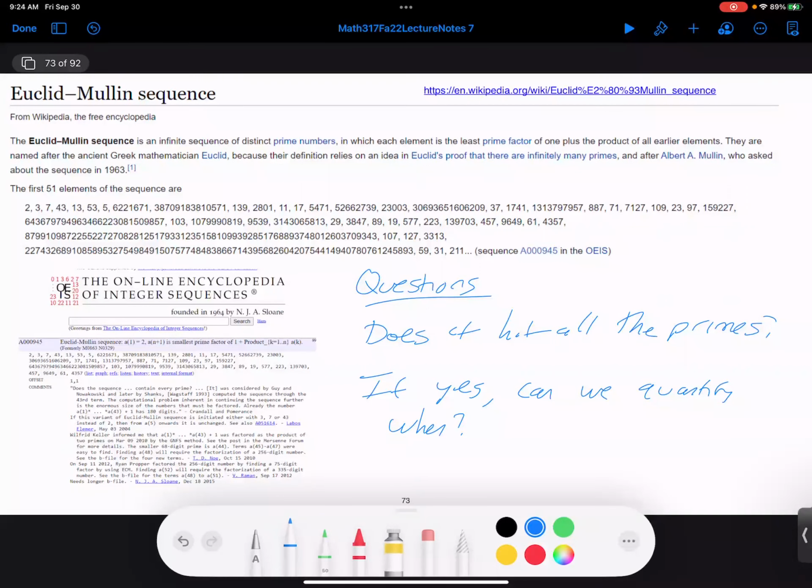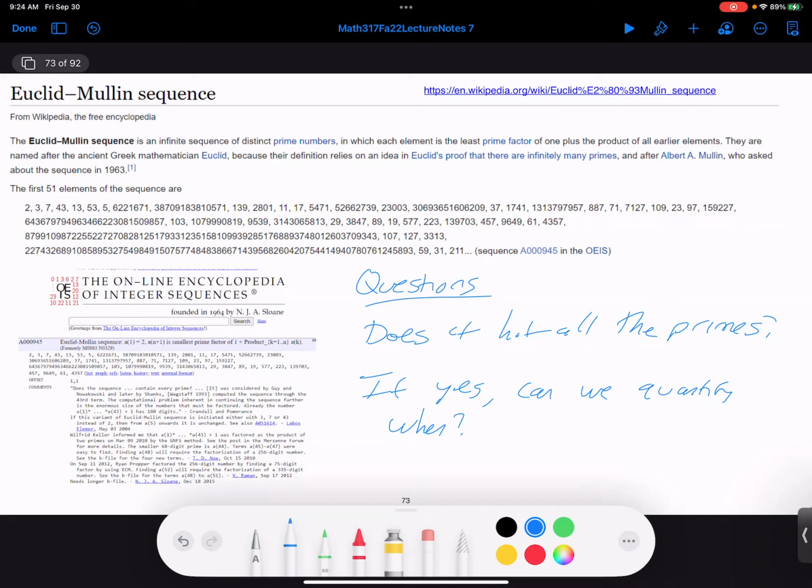When you're looking at data in the real world, I want you to get in the habit of asking questions. This is a really interesting sequence to look at. There are some things that we know about this, and there are a lot of things we don't. It takes something which hopefully you have seen in school, that there are infinitely many primes, and goes from that to asking questions about how we find them.